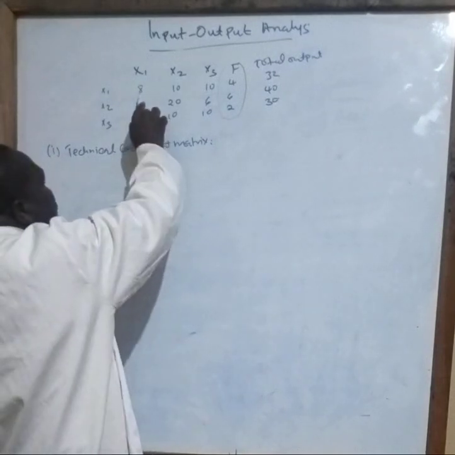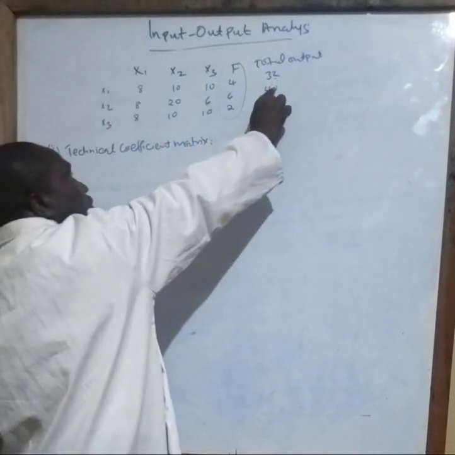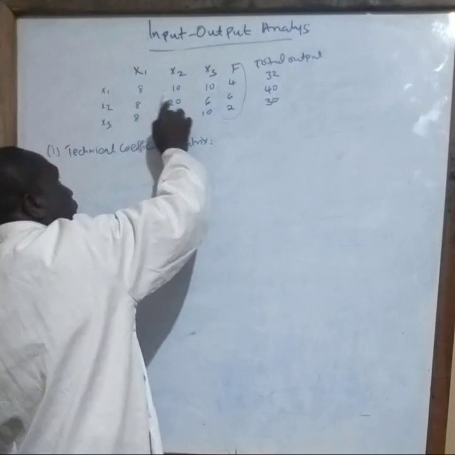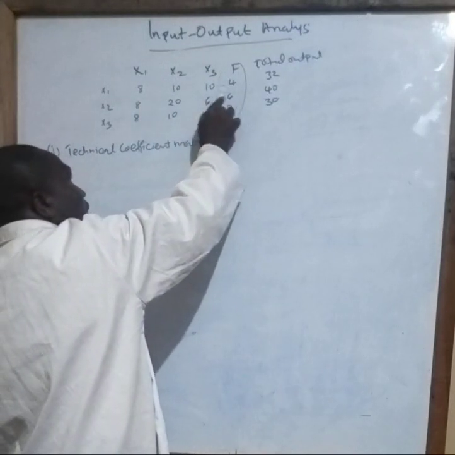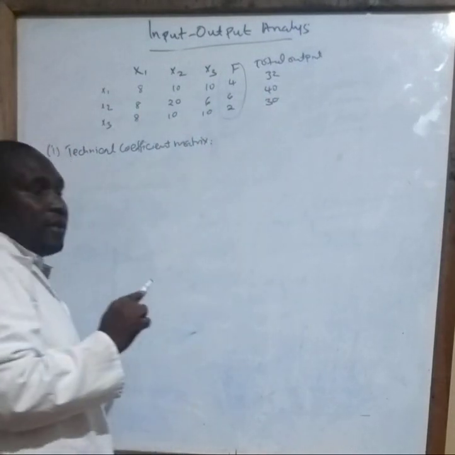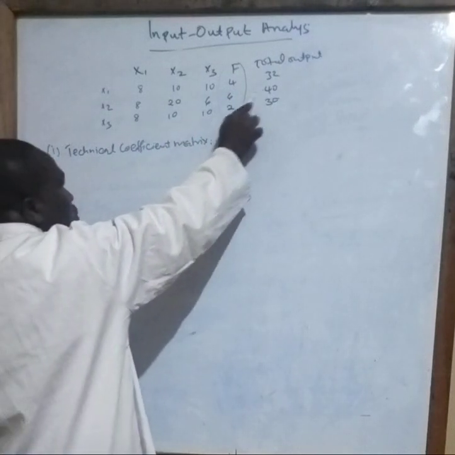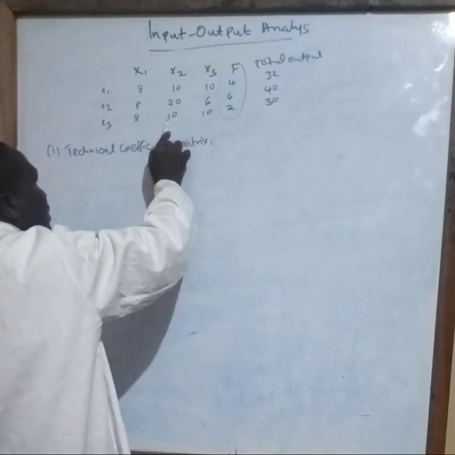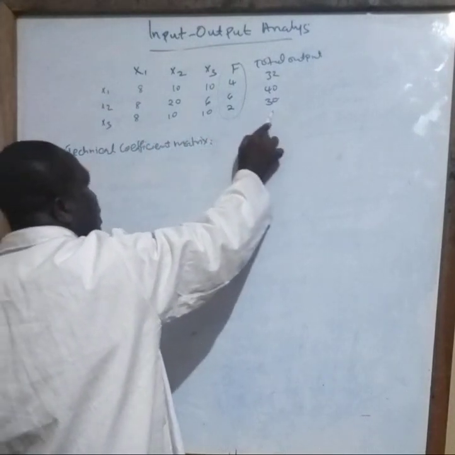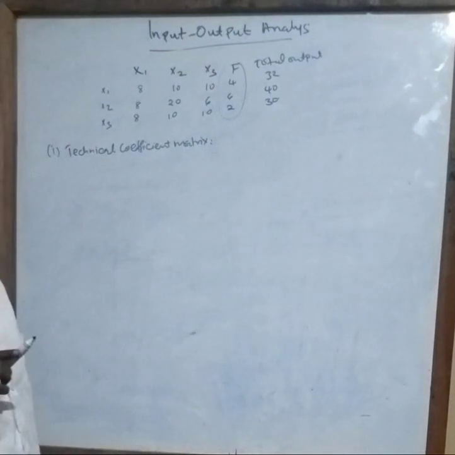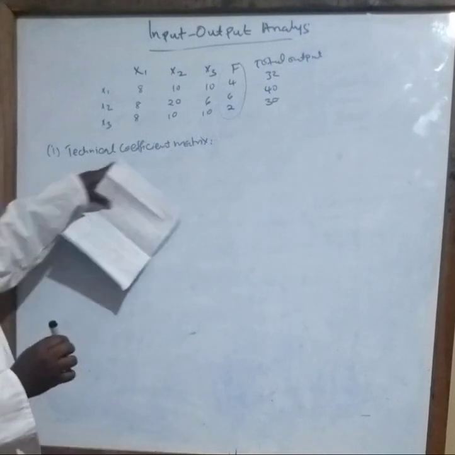Therefore, for X1, it gives you the total of 32, which means if you take 8 plus 10 plus 10 plus 4, you will get 32. When you take 8 plus 10 plus 6 plus 6, you get 40. 8 plus 10 plus 10 plus 2, you get 30. So that is the total. How do we calculate the technical coefficient?